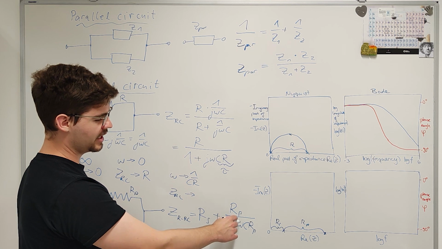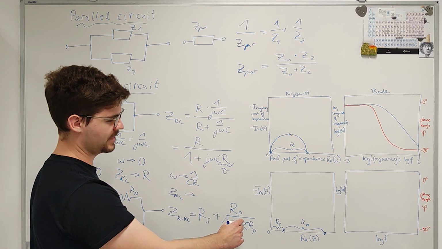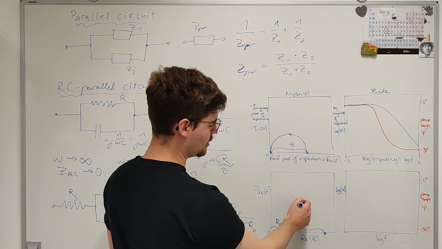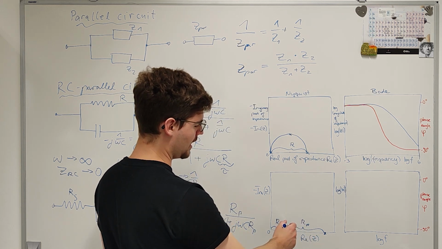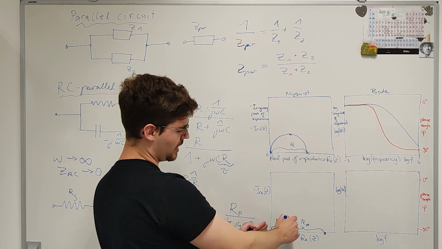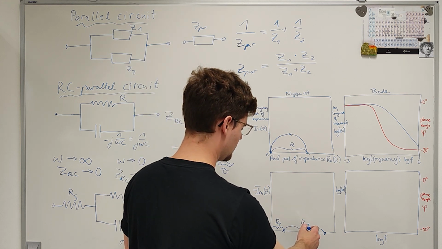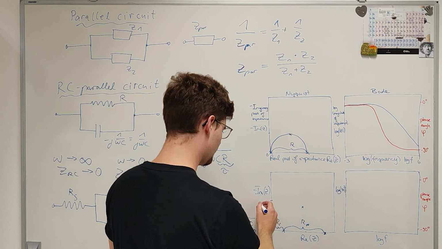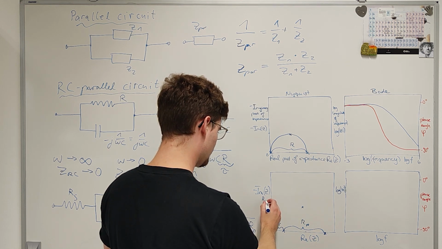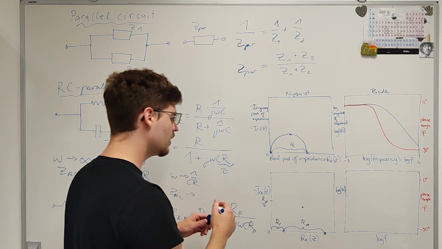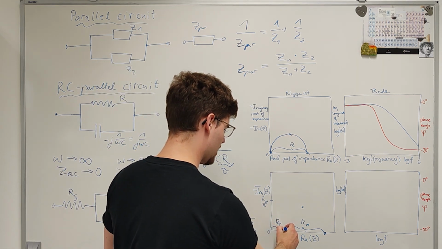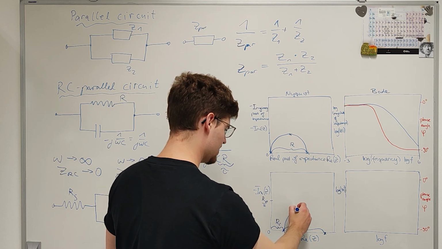This point for omega equals 1 over CRP will now be here, at a height of RP half, except that we've now shifted it to the right by RS. And now the same semicircle shape emerges.